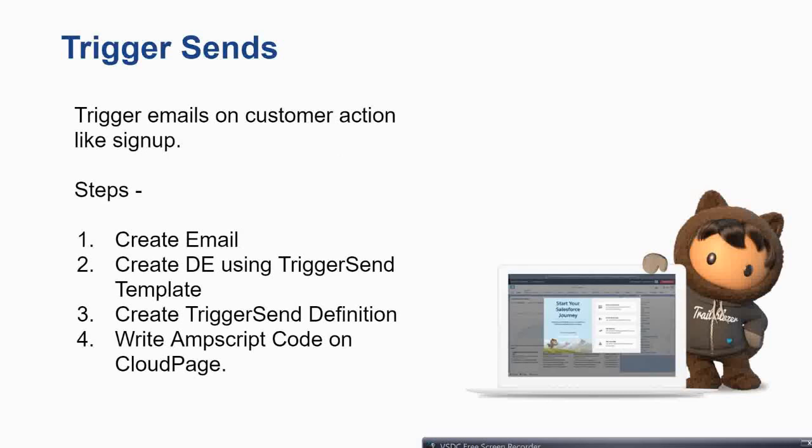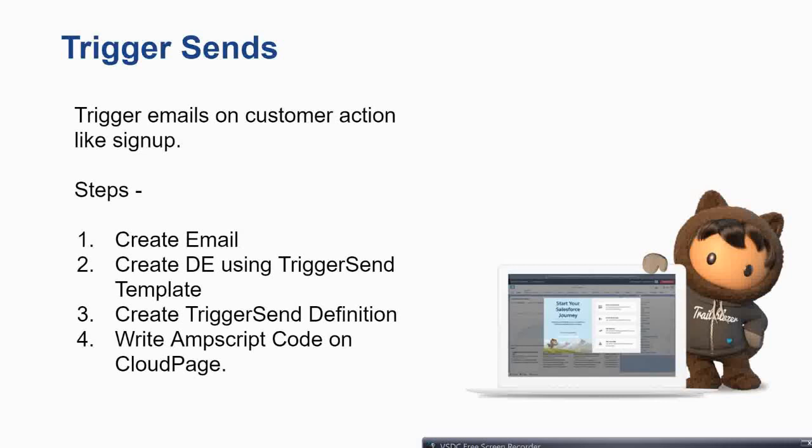Trigger send is actually used for, let's say you register and you get a coupon code. As soon as a person registers, he should receive a coupon code in his email. For such a scenario where the email should be triggered as soon as the user registers, you use trigger send.